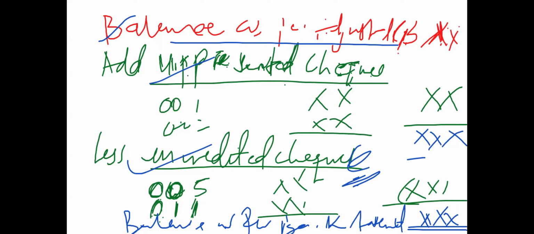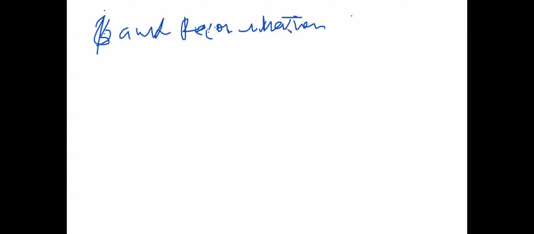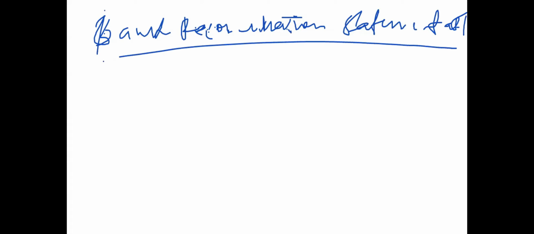Bank reconciliation statement as at, remember I told you to always put the date. You put a given date they have given you in the question. Since we are using a format, allow me to ignore the date, but you always put the date.